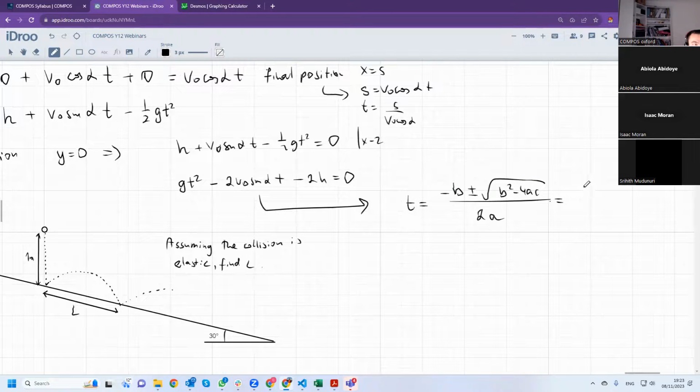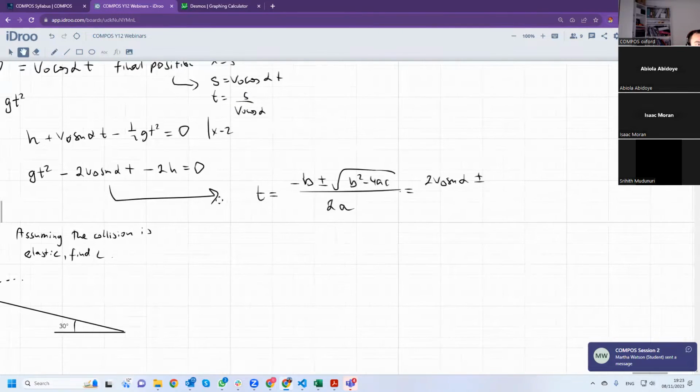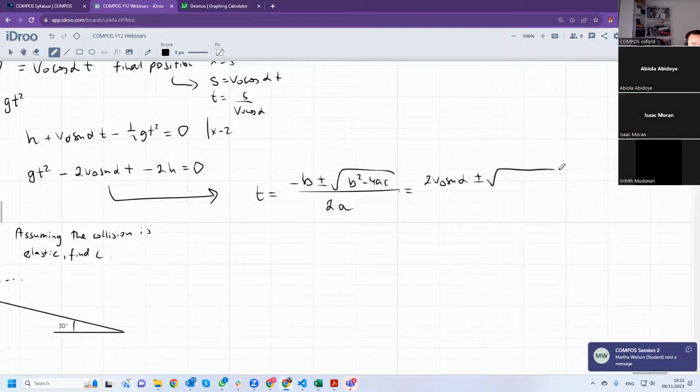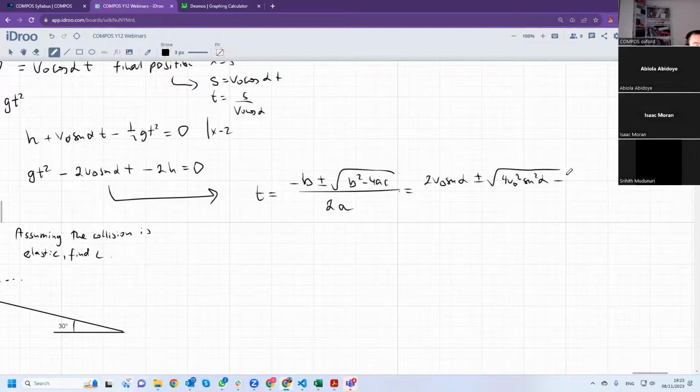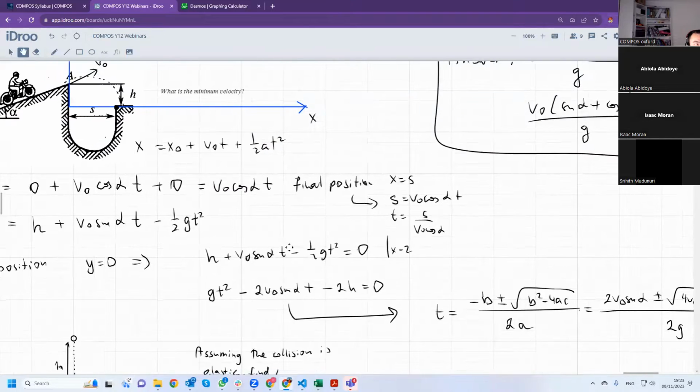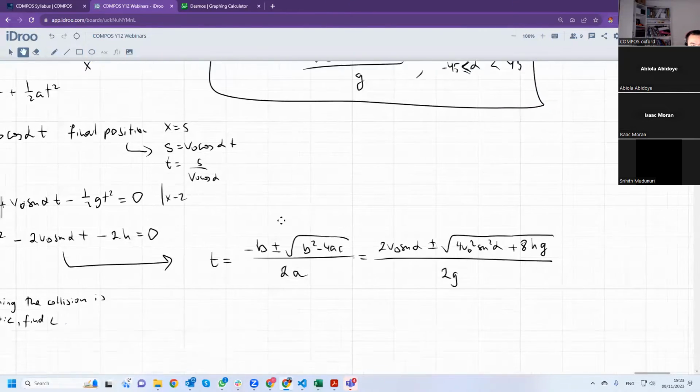So minus b, so 2v0 sine alpha, plus or minus the square root of b squared, 4v0 squared sine squared alpha, minus 4, so plus 8hg, divided by 2g.